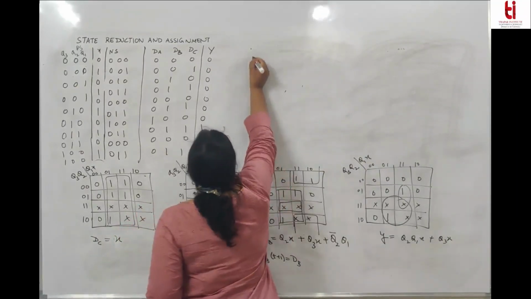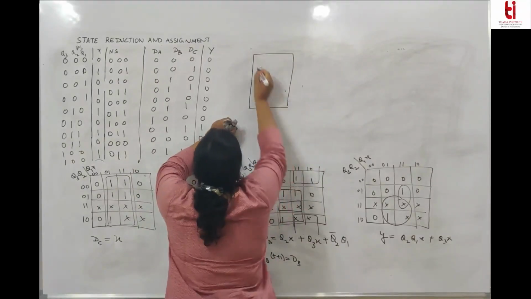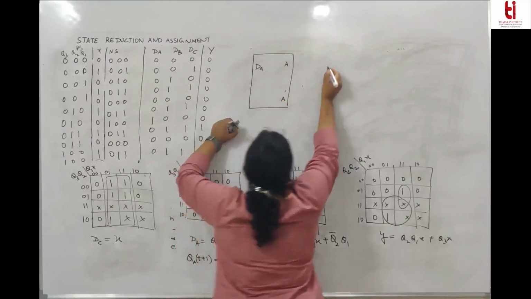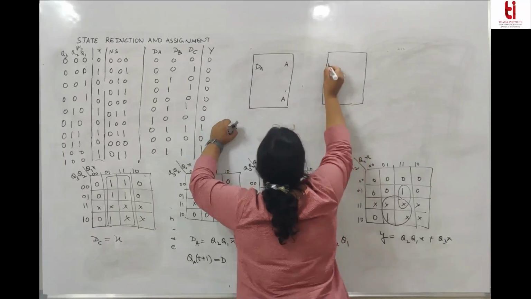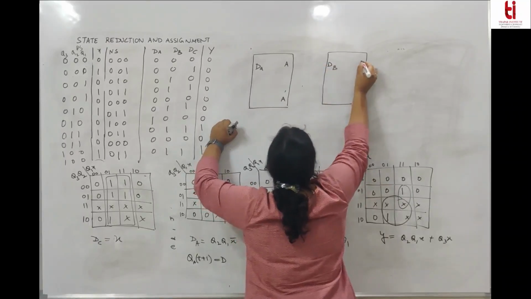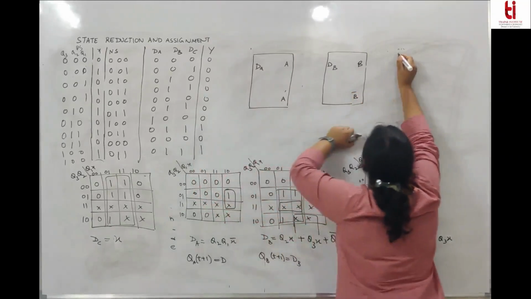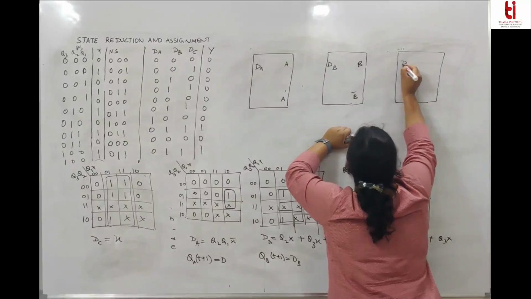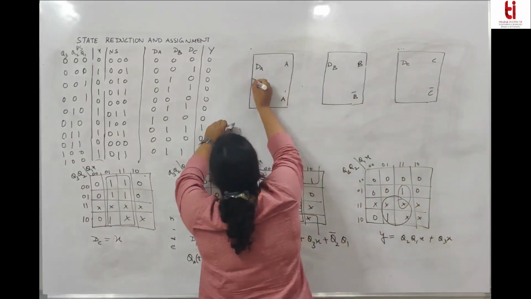Then what is the circuit? All the 3 are D flip-flops. They'll be clocked together simultaneously. So I'll give a clock to all.